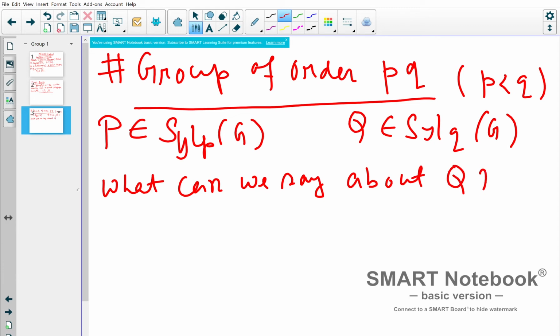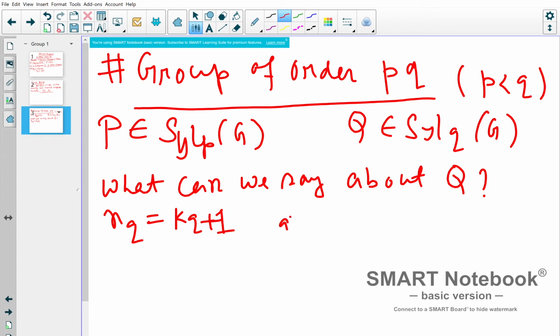Let me think about Q without any assumption. For Q, what do we know? We know that the number of Q Sylow subgroups, N_Q, is congruent to 1 mod Q, which means it is of the form KQ plus 1.